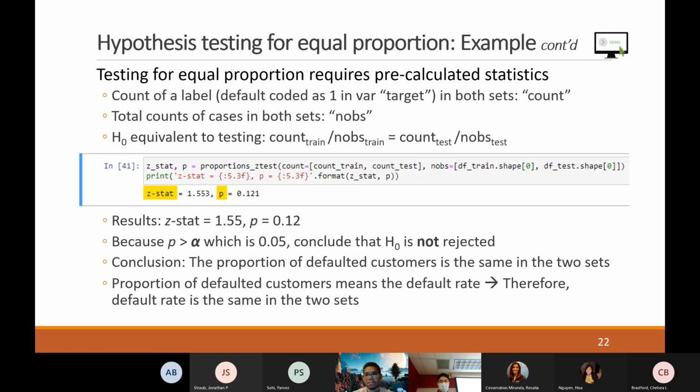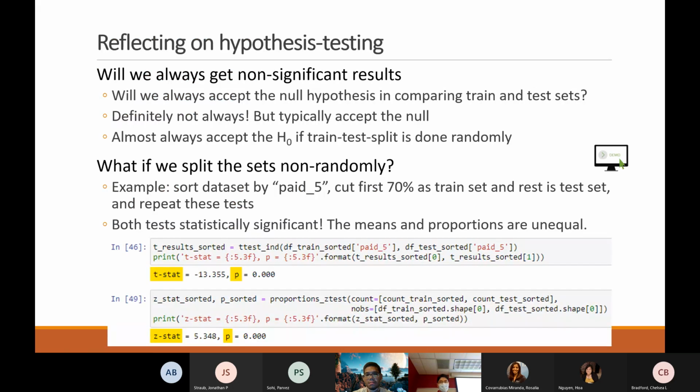But in the slides, close to the end, I show you that if you split it not based on random sampling, but based on a systematic split, where you rank all the rows based on a variable that is conceivably related to the variable you conduct hypothesis testing on. Let's say evening minutes.